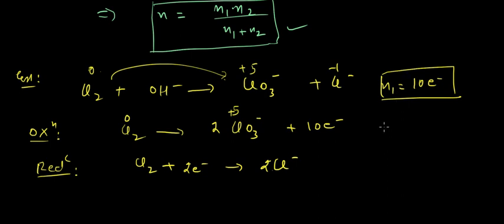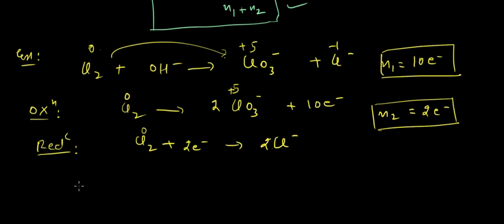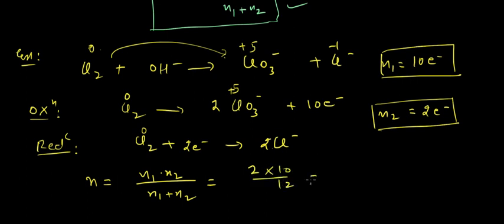This is the number of electrons for oxidation of Cl2, and in the reduction we will require 2 electrons, as 1 Cl going from 0 to minus 1 requires 1 electron, so 2 Cl will require 2 electrons. The n factor would be n1 into n2 divided by n1 plus n2. So it would be 2 into 10 over 12, or 20 over 12, which is 5 over 3.